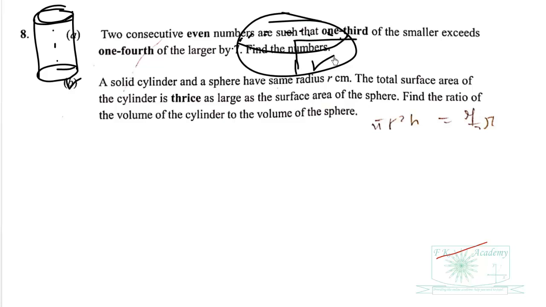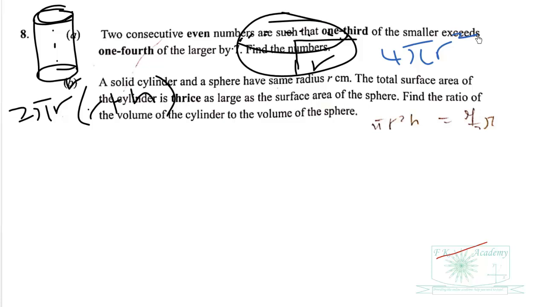Alright, so the total surface area of the cylinder is 2 pi r into bracket r plus h, and the total surface area of the sphere is 4 pi r squared. 4 times the area of a circle will give you the area of a sphere, not 2 times.